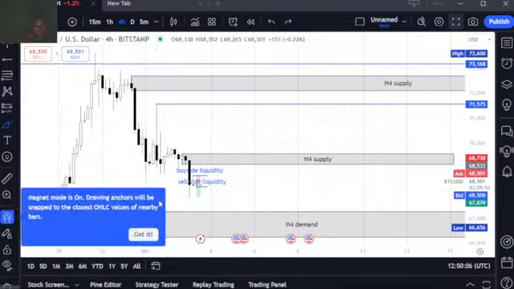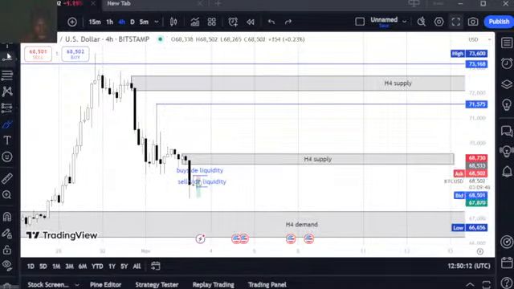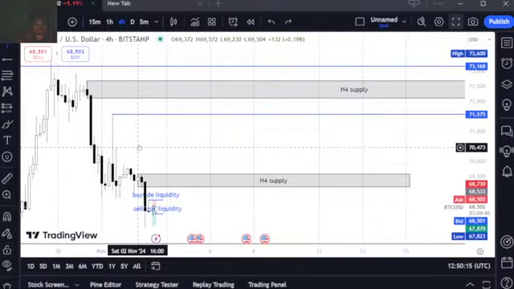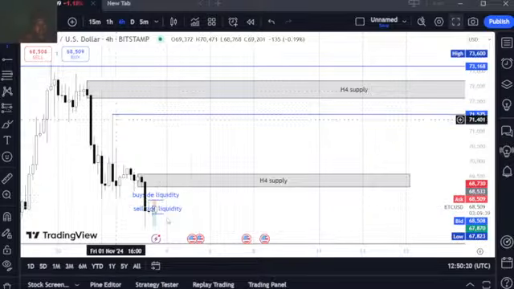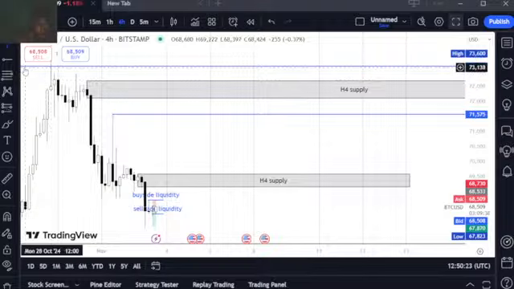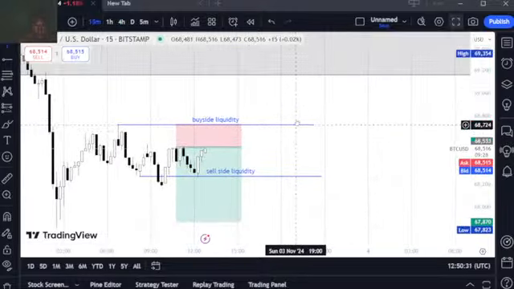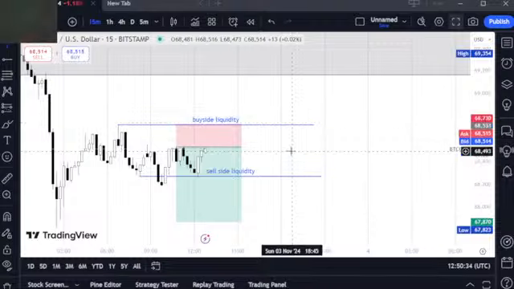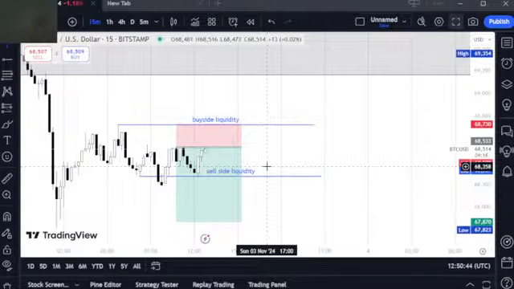Price is trying to go up, but yet still it is creating liquidity for itself. Why? Because the sell side, the supply is strong. Supply is very strong.